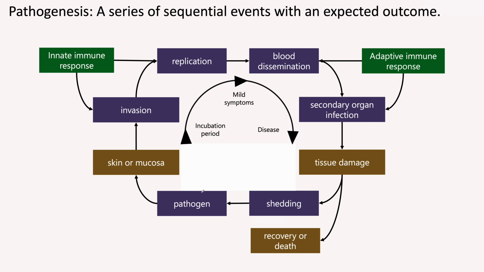For example, a pathogen can start here. A pathogen infects the body, typically through skin or mucosa, maybe directly into the blood, but that is not a very frequent form of infection. The pathogen from the skin or the mucous membranes infects the body, invades locally.